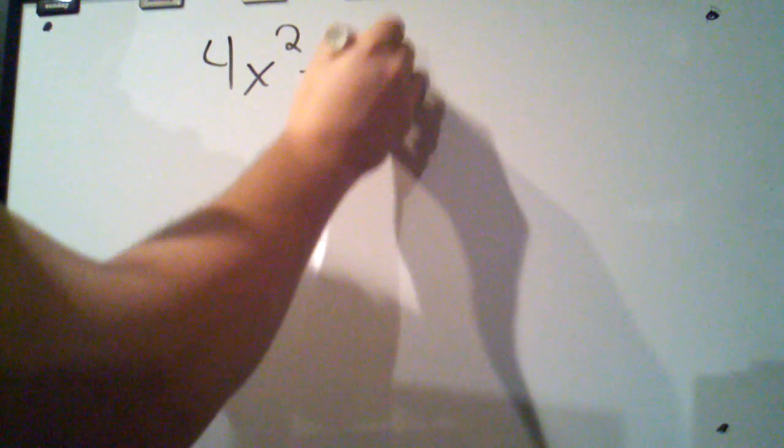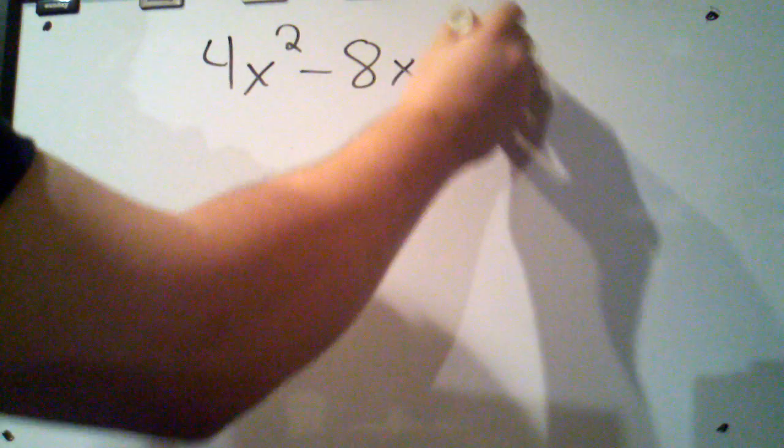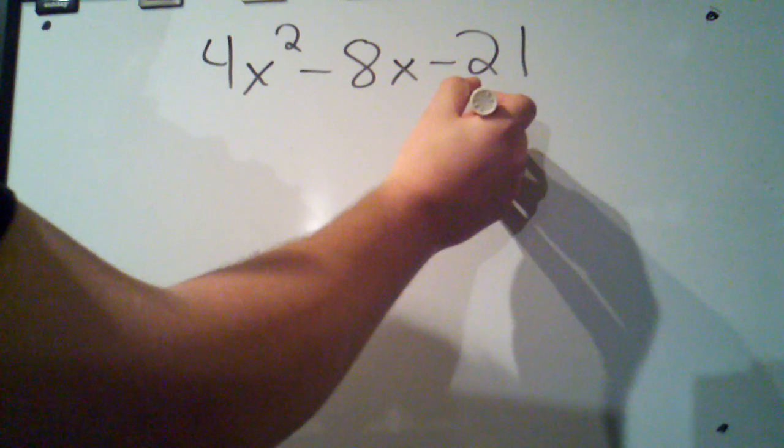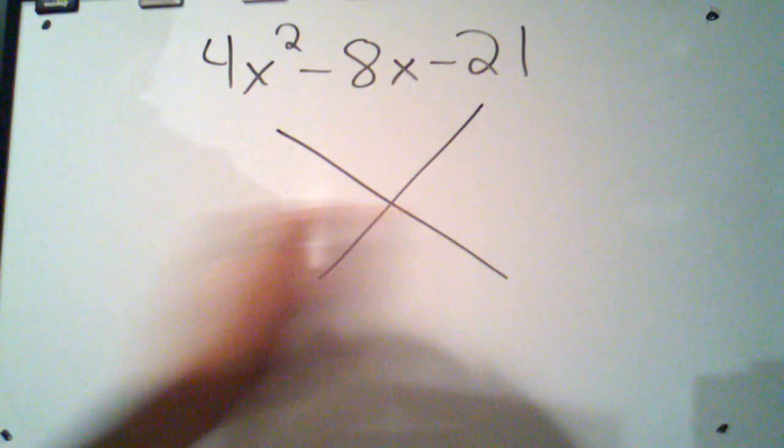Our next trinomial is going to be 4x squared minus 8x minus 21. To factor this using the crisscross method, we want to draw ourselves in a crisscross.